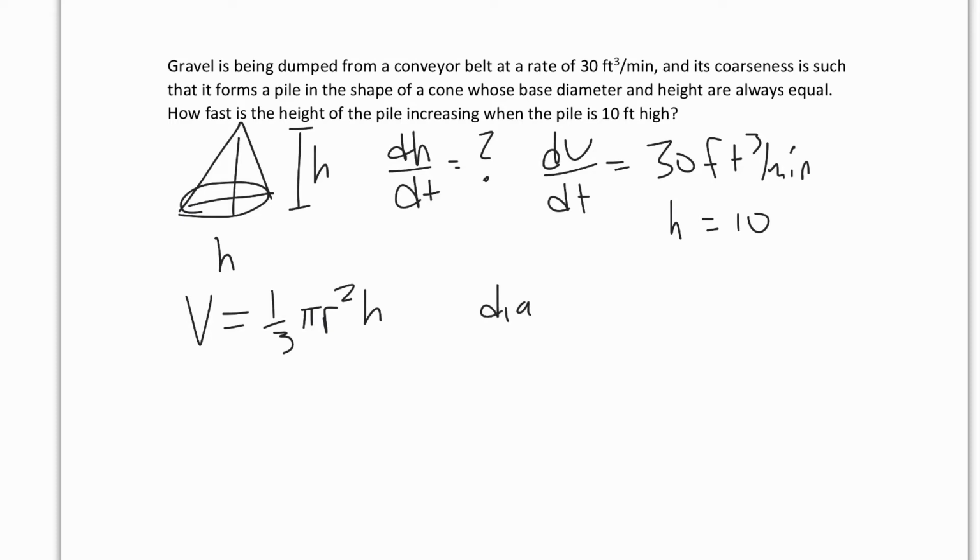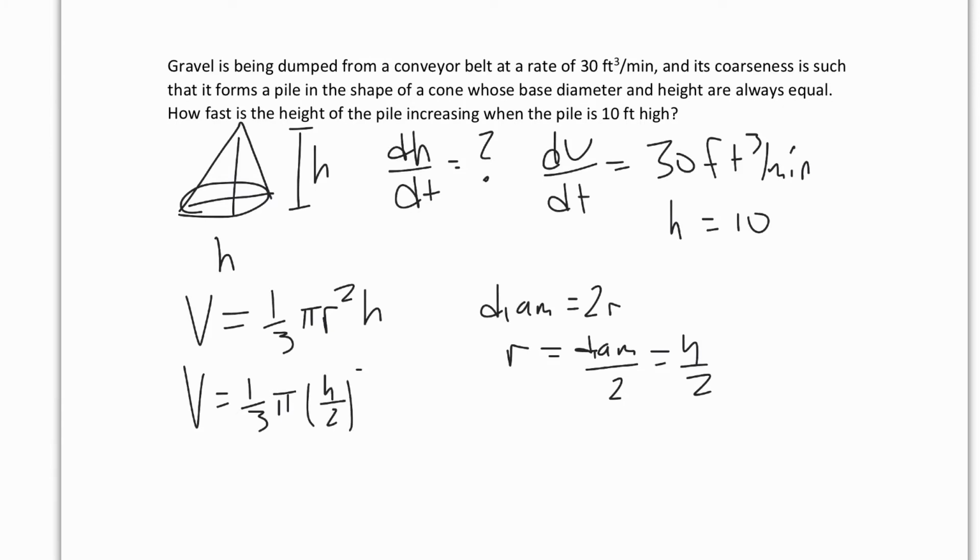We know that diameter is equal to 2r. So r in this case would be equal to diameter over 2. And our diameter has actually been labeled as an h, so it's h over 2. That gives us V equals 1/3 pi (h over 2) squared h.